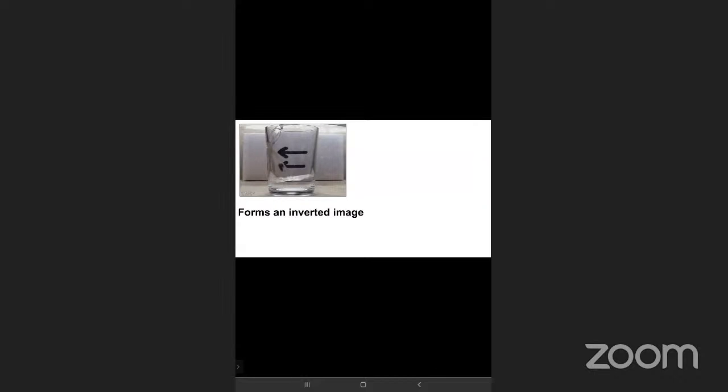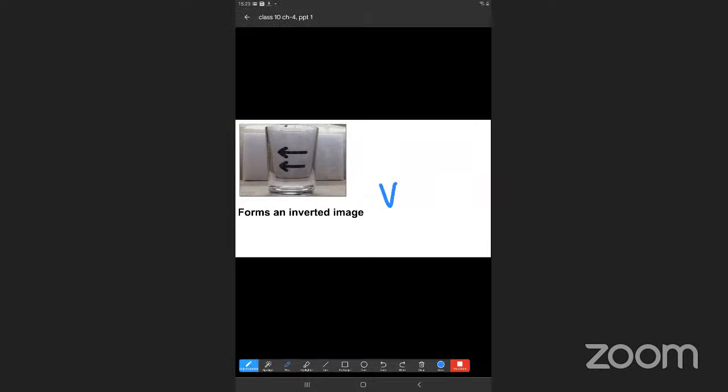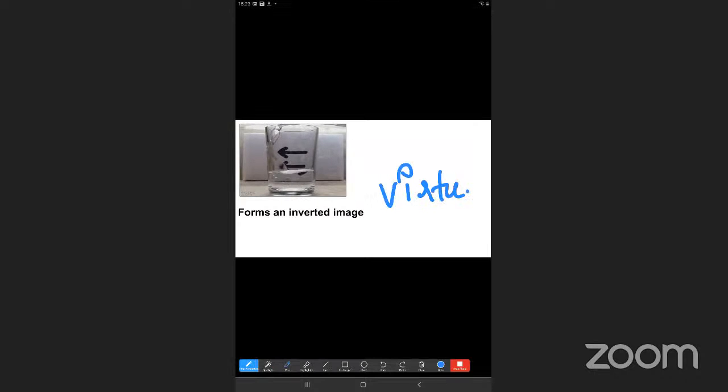So we observe an inverted image. Is the image real or virtual? This is a virtual image.